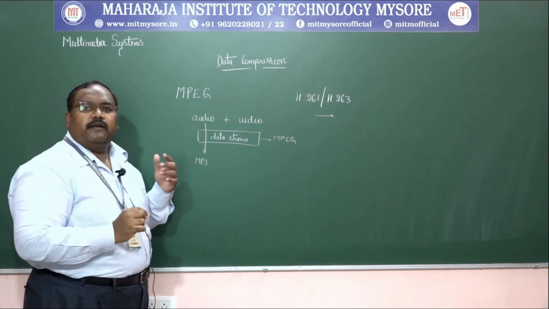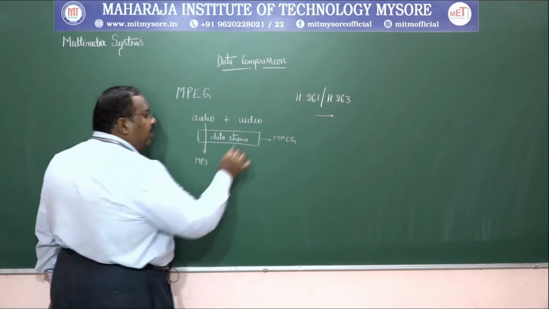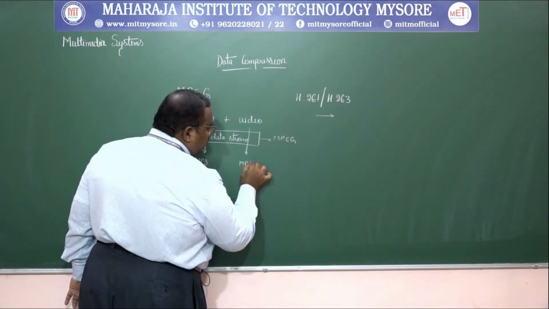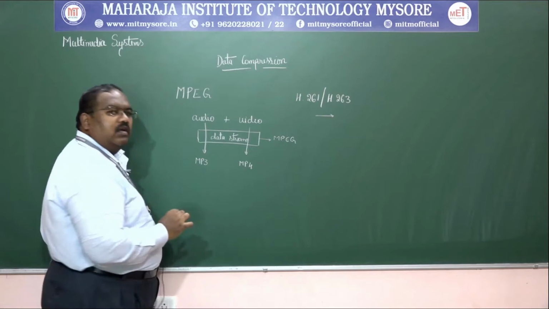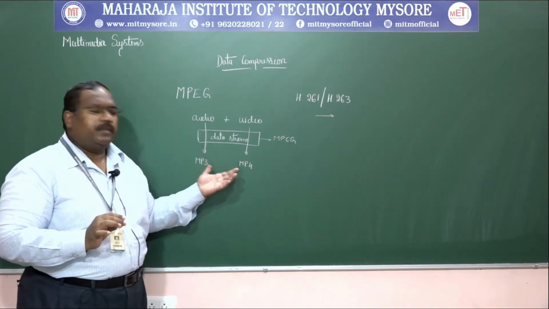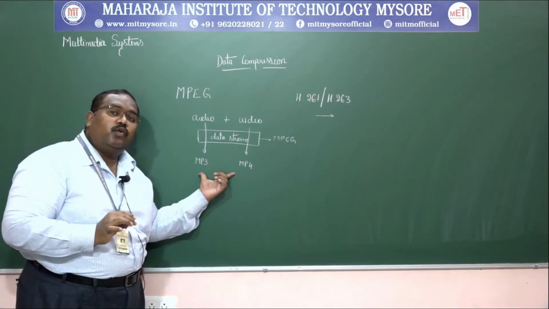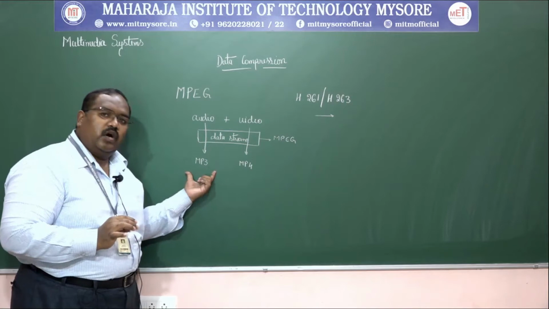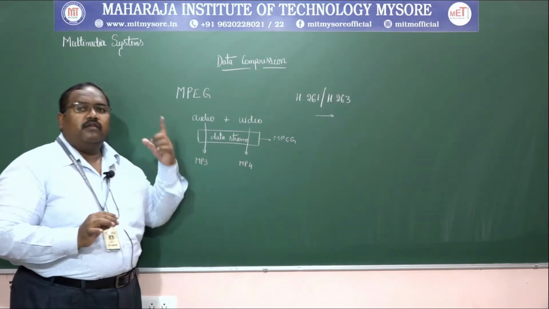This is very important. Whereas the video needs to be compressed into MP4 format or Mpeg formats. So whatever the format is, we need to concentrate on two kinds of component compression: one, the audio, and second, the video component.